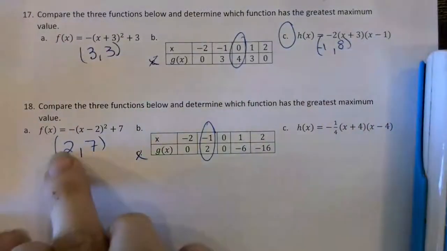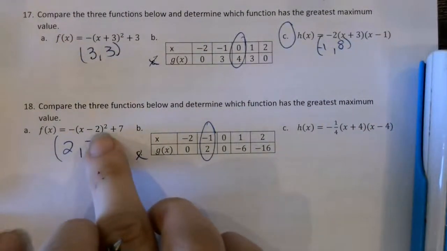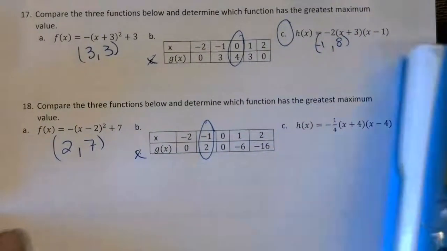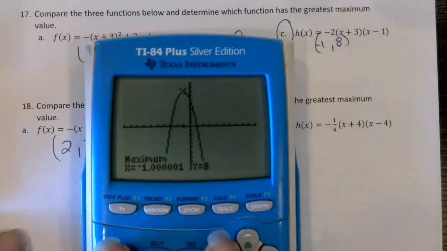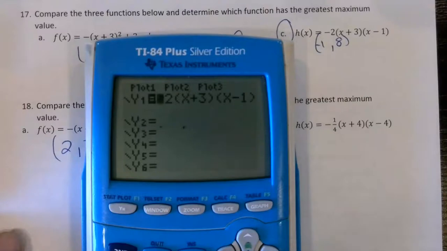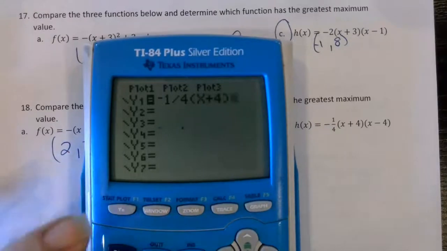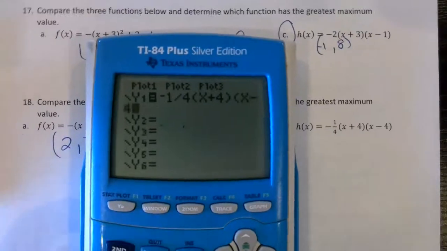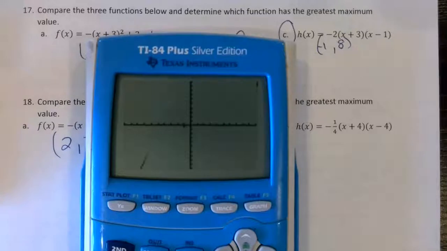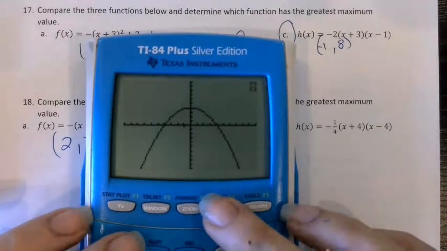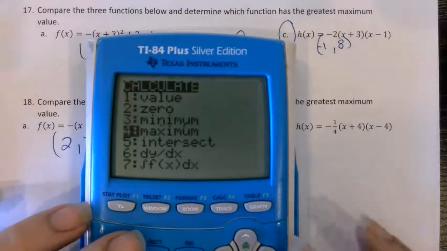The reason I'm getting 2.7 is because this is in vertex form, so it's opposite the sign for the x value, and the same sign for the y value. So I'm going to go y equals negative 1/4 times x plus 4 times x minus 4. I'm going to go second calc, maximum.